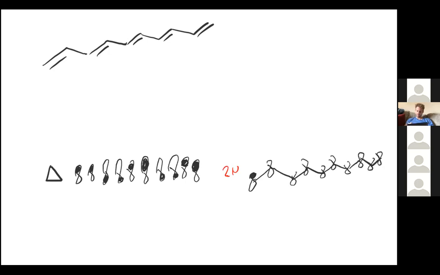So a pair on top, pair on bottom, pair on top, pair on bottom, pair on top.